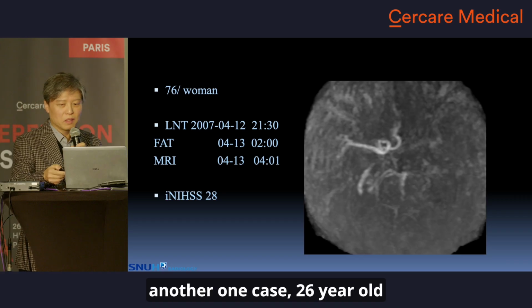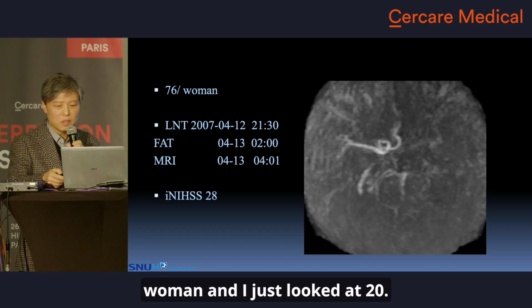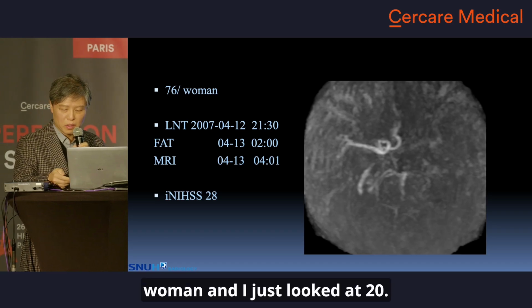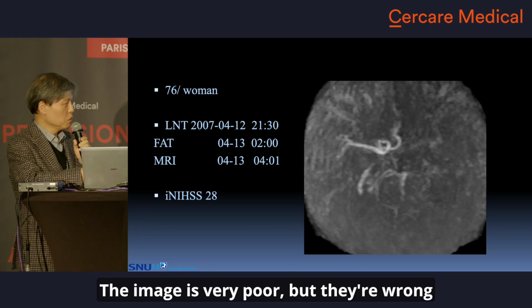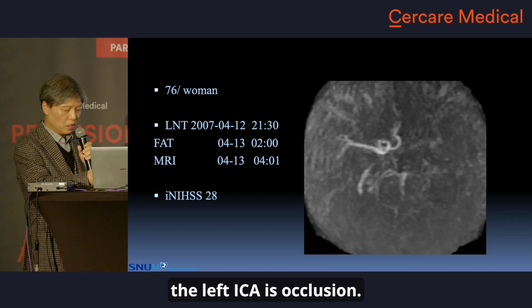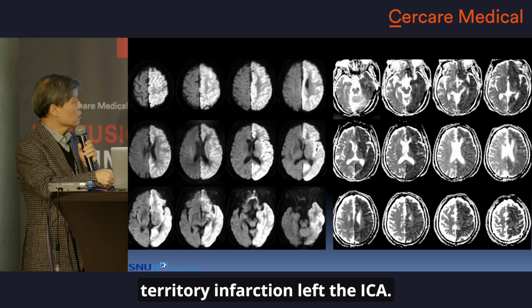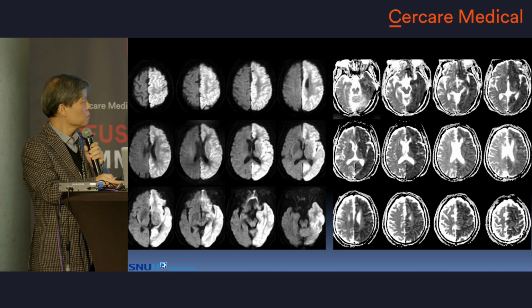There is one more case, a 26-year-old woman, and I just looked at 28. The image is very poor, but it was a very representative case. There is left ICA occlusion. This is a whole territory infarction, left ICA.